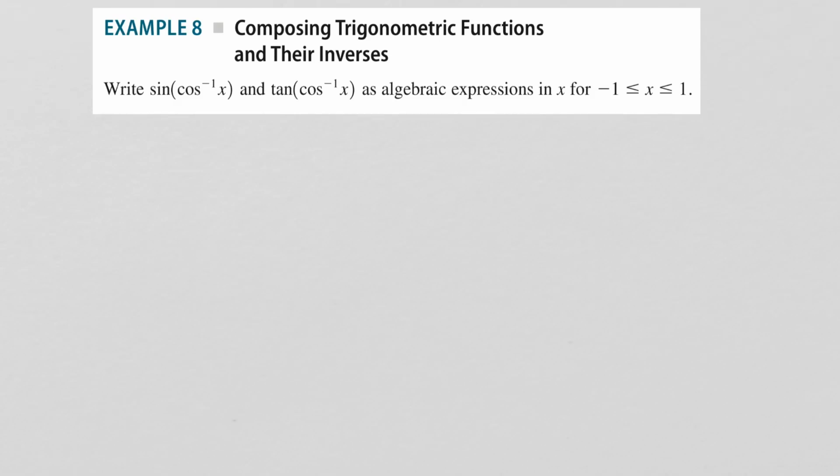And finally, we can evaluate similar expressions involving variables. So here we have sine of inverse cosine of x and tangent of inverse cosine of x as algebraic expressions, where x is some number between -1 and +1. All right, so again, if I want sine of inverse cosine of x, I'm going to start by saying, what is the inverse cosine of x?